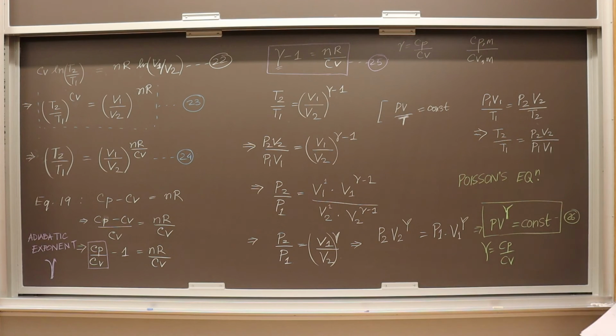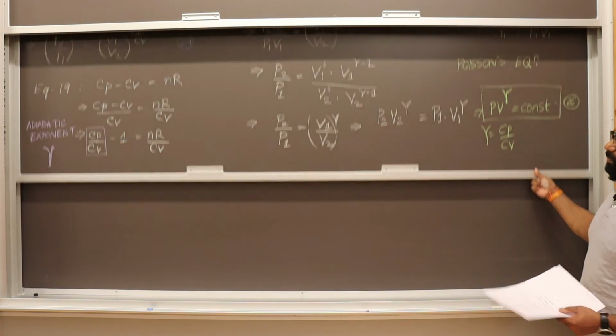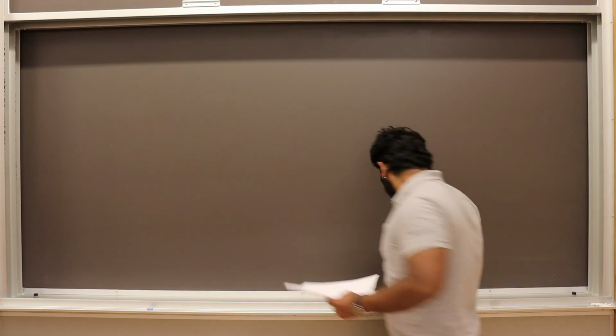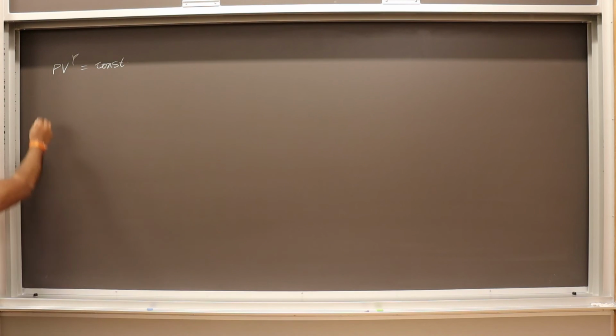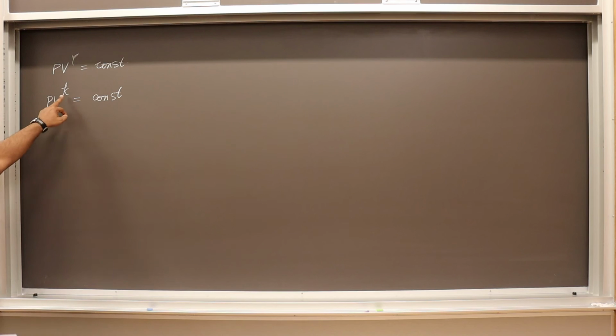Let's take a few examples of simplifications of this Poisson's equation. Now, equation 26 says PV to the power gamma is a constant. Suppose we have a general equation PV to the power k, which is a constant, and we take different cases for this variable k.